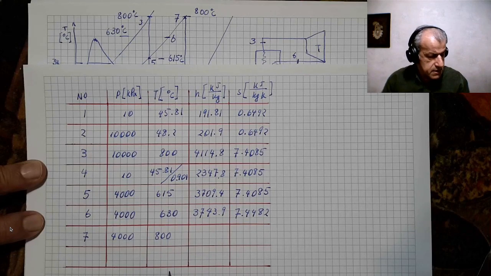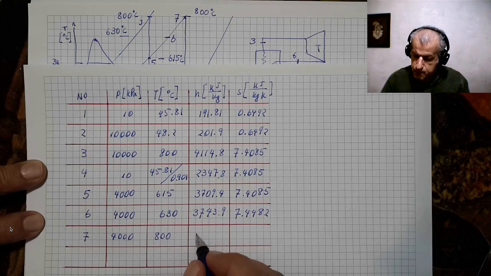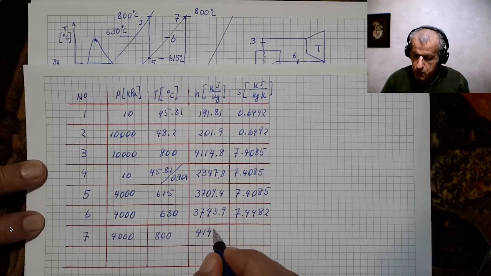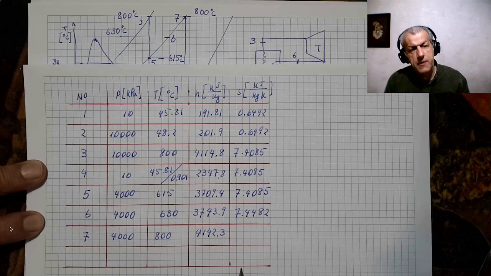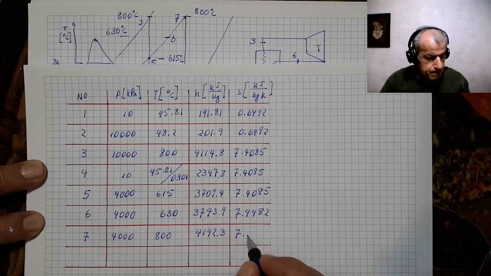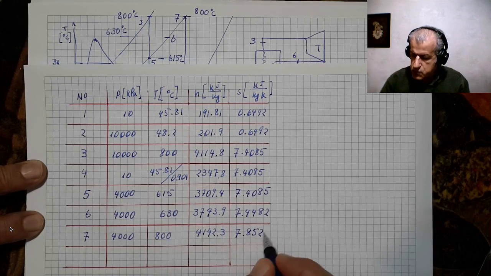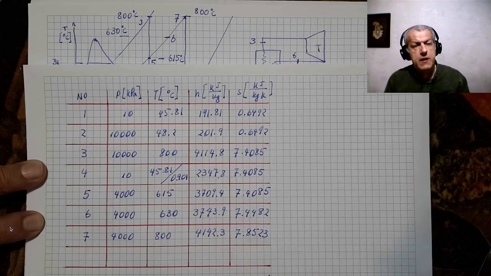The enthalpy is 4142.3 kilojoule per kilogram, and the entropy of point 7 is 7.8523 kilojoule per kilogram Kelvin.